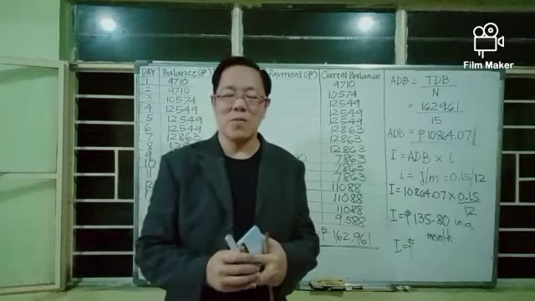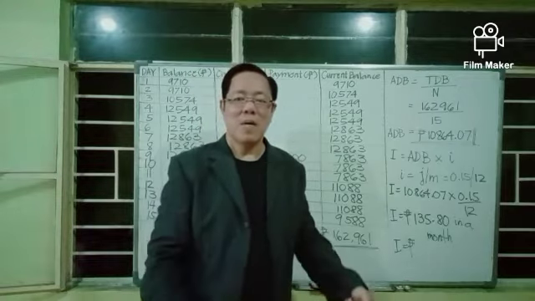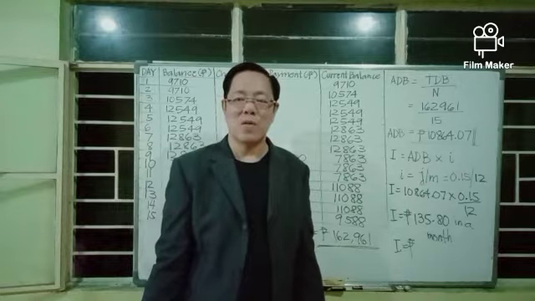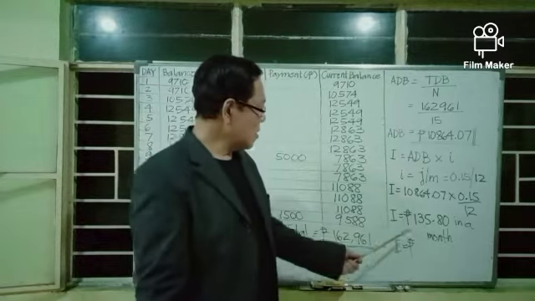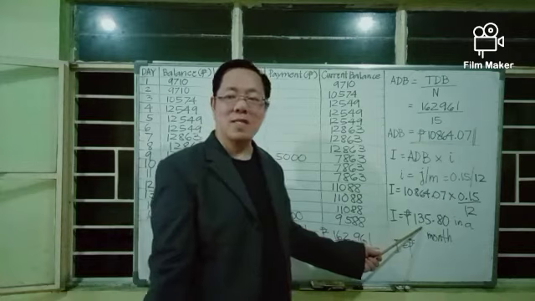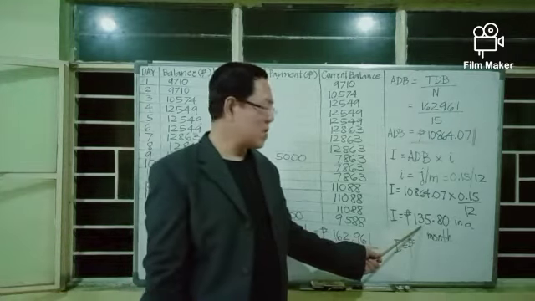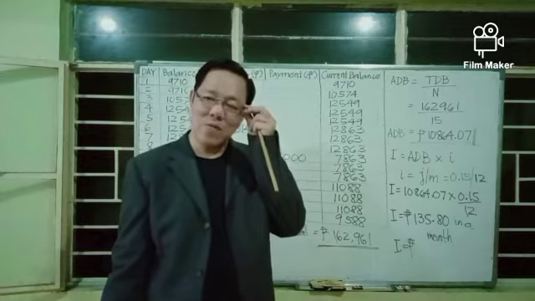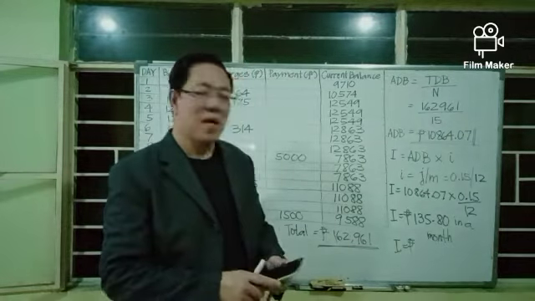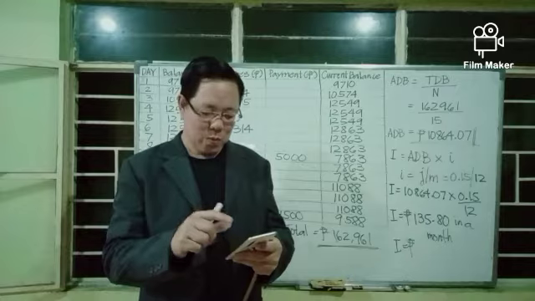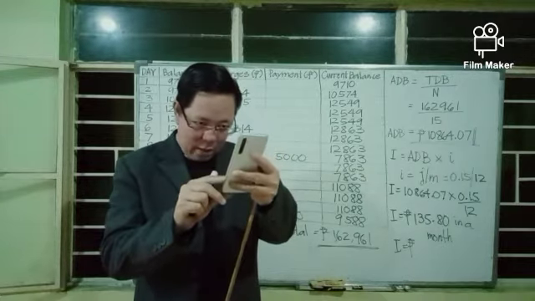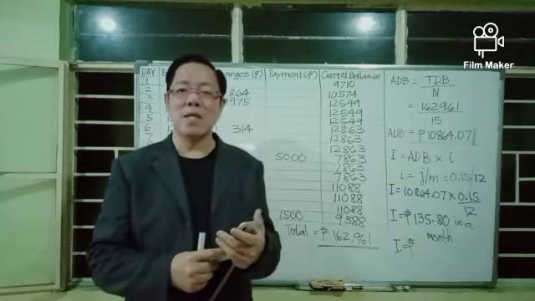Now, you notice that we use the interest rate per month, but our billing period is just half a month, a period of 15 days. So, 135.80 is the interest per month. And we should divide this by 2 to get the interest for half a month or 15 days. 135.80 divided by 2. And you should get 67.90.